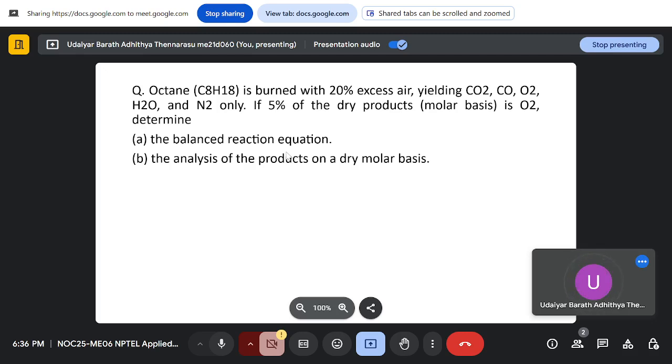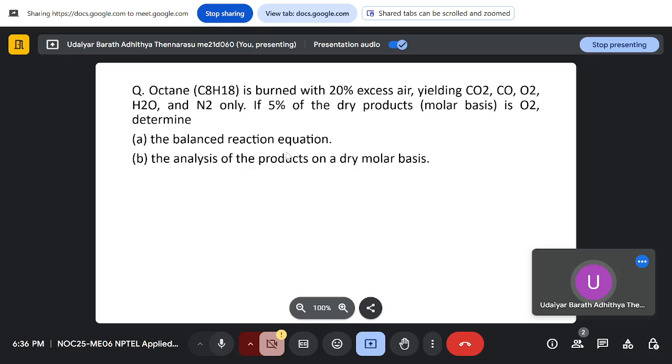What is given is that the product contains only CO2, CO, O2, H2O, and nitrogen. If 5% of the dry product on a molar basis is oxygen, we need to find the balanced reaction equation and the analysis of the products on a dry molar basis.